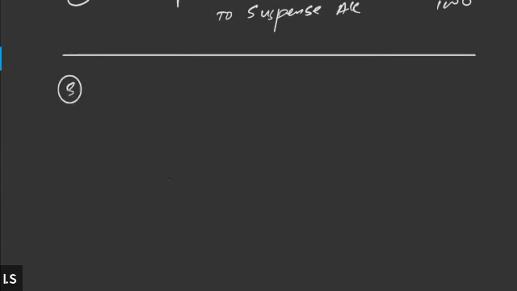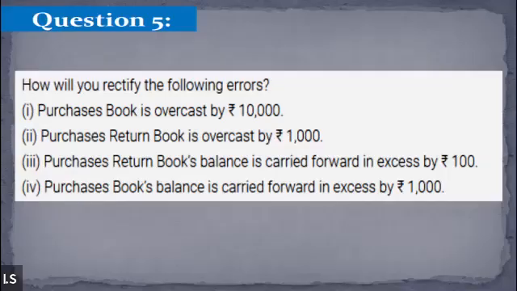Third, purchase return book's balance is carried forward in excess by 100. So the purchase return book balance, that means the ledger balance of the purchase return account, is being carried forward to the next year. Let's suppose we are talking about the end of the year, when all the books are closed and new books are prepared.